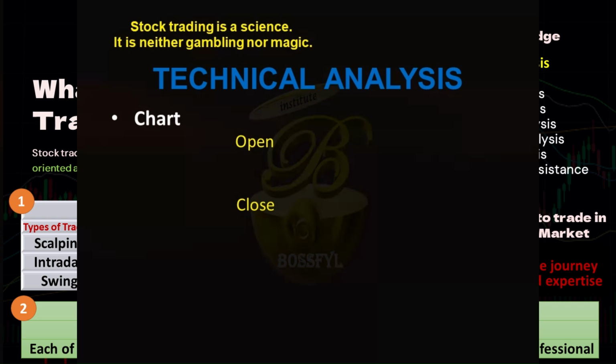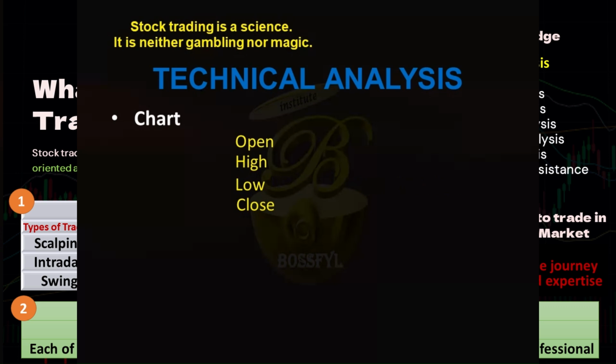Now, during the entire day, the price fluctuates. The highest price that it reaches during that day is called the high price of the day, and the lowest price it reaches is called the low price of the day.